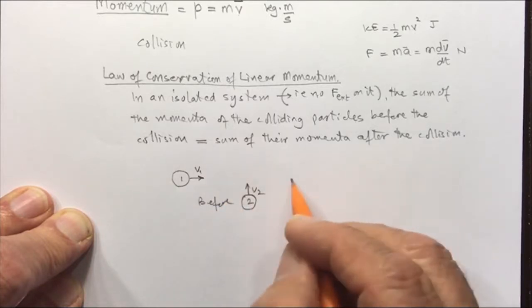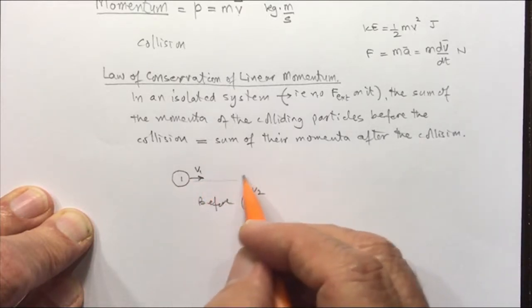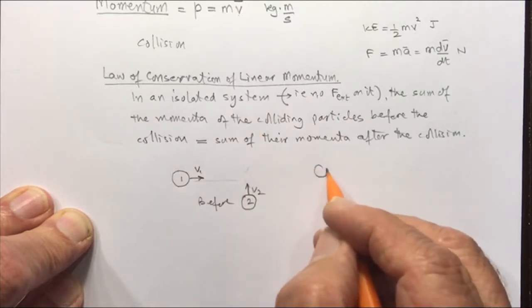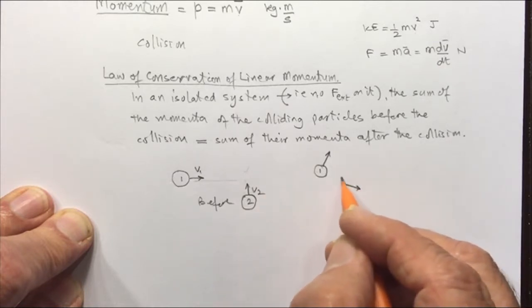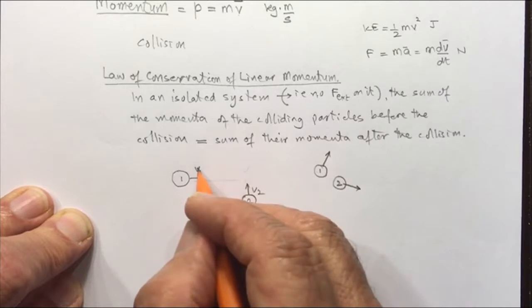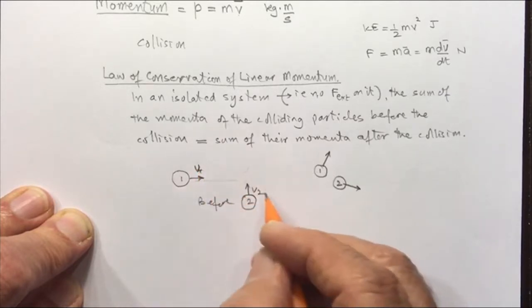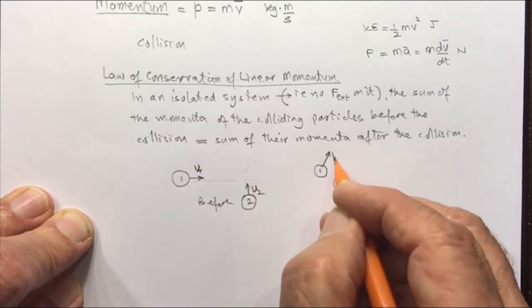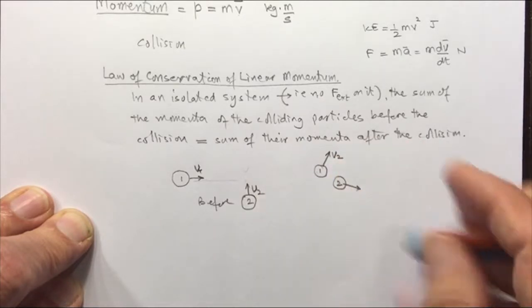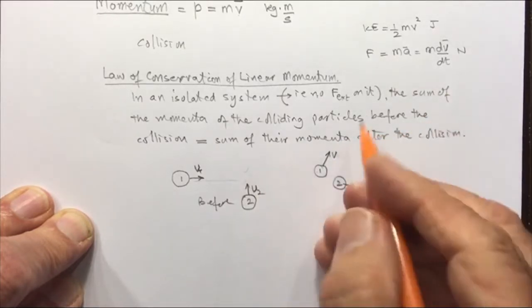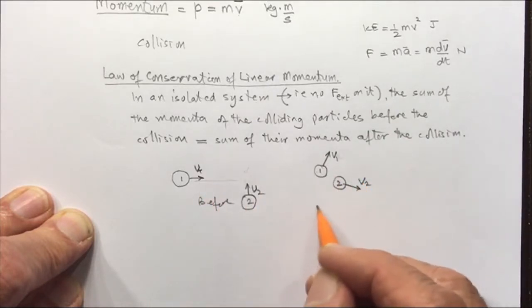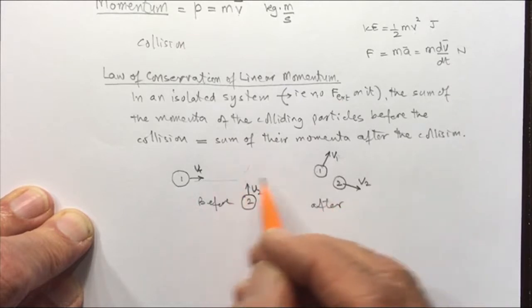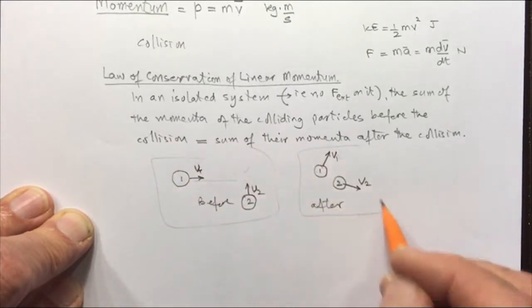Then after the collision, they hit off, and m1 goes off in that direction, and m2 goes off in this direction. Let's write u1 and u2 to indicate before the collision, and v1 and v2 after the collision. This is the condition before the collision, and the condition after the collision.